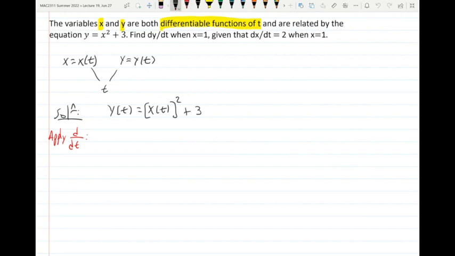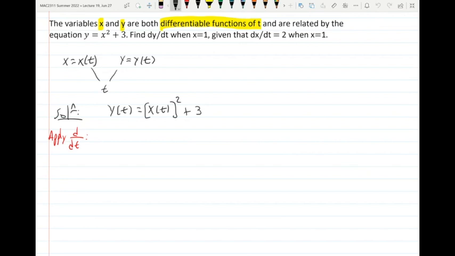Who can tell me what we get on the left? If I take the derivative with respect to t, what do we get? dy/dt. In this type of problem, since there are too many variables going around, I strongly encourage you to use Leibniz notation. Because if you write y prime, what do you mean?